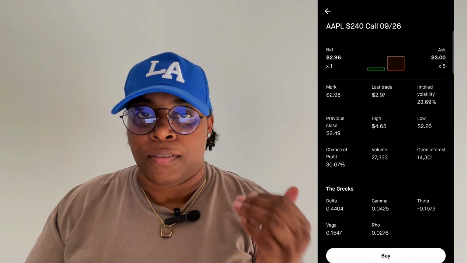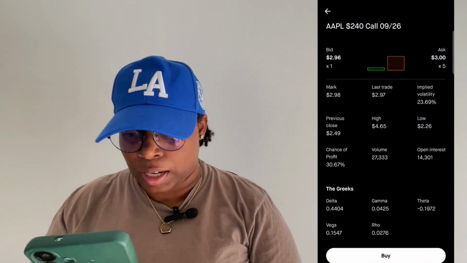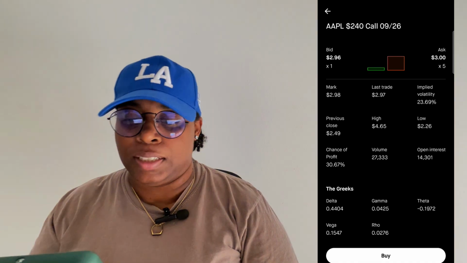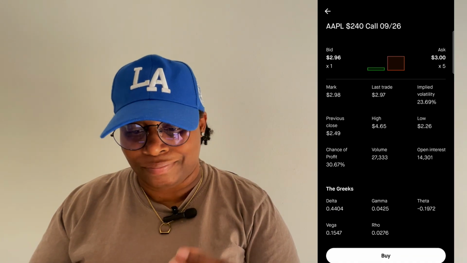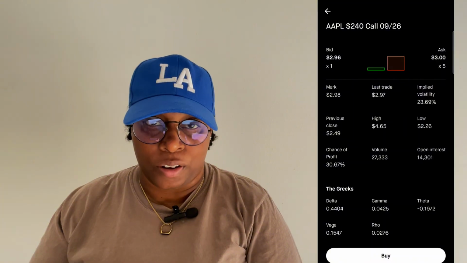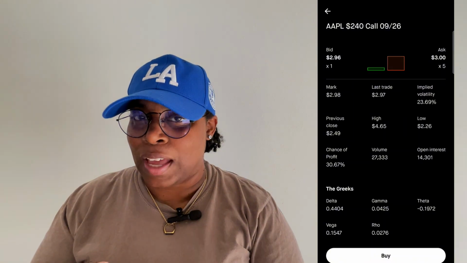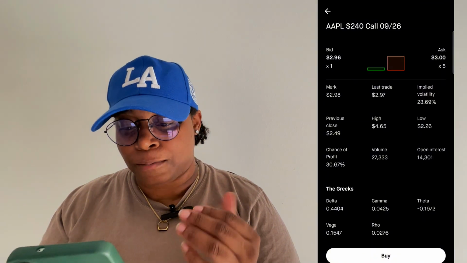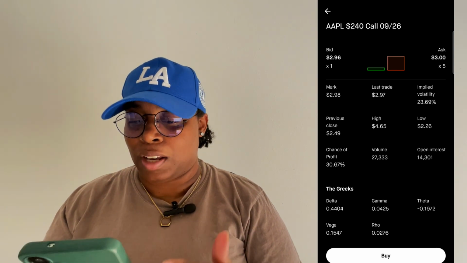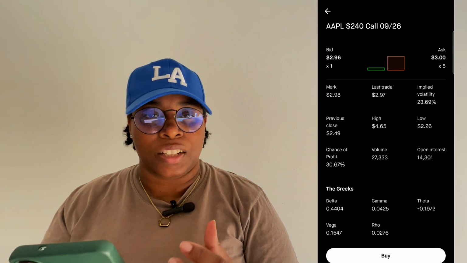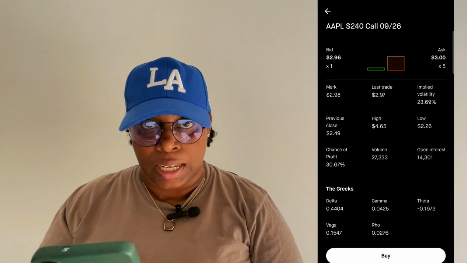Now, right under that, you will see mark, last trade, and implied volatility. The mark is just like a fair value that this particular option is currently worth. Nothing too heavy to pay attention to, because a lot of times the mark will be very close to the bid price. A lot of times it may be the same, but that's just a fair value of that option in that moment.